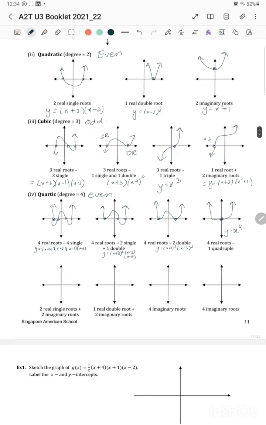Two real single roots and two imaginary single roots. These are two real.